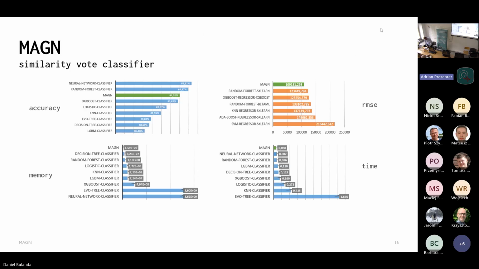We also developed a similarity vote classifier, which was used in the next topic, on signal prediction. This classifier is basically similar to the K-nearest neighbors algorithm, but very different at the same time. Because in short, we activate the features, for example, coming from a testing example, and the activations are propagated as I showed previously, and the object neurons themselves are then activated.